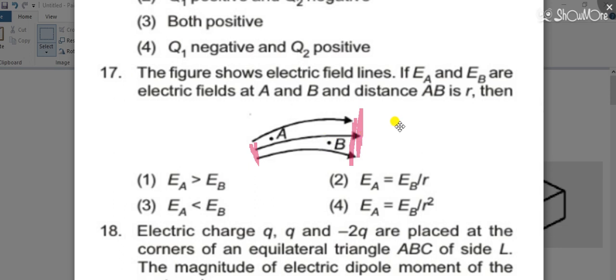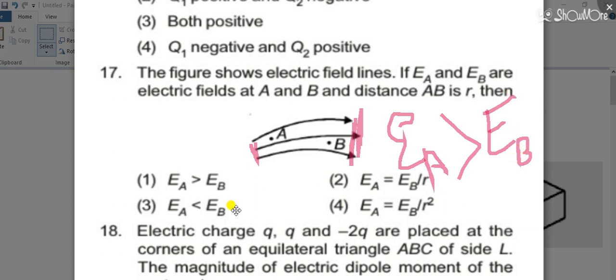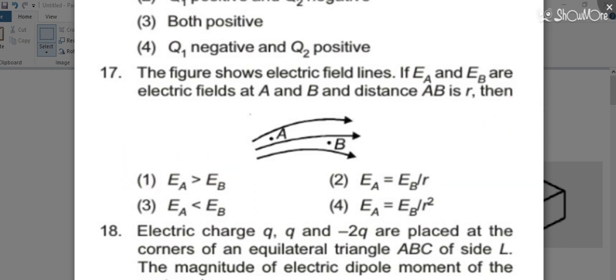So we can say the electric field at A, where the lines are closer, will be more. So the electric field at A is greater than the electric field at B. We have discussed it in some of the questions, so option number 1 will be the exact answer for this question. Moving to the next question.